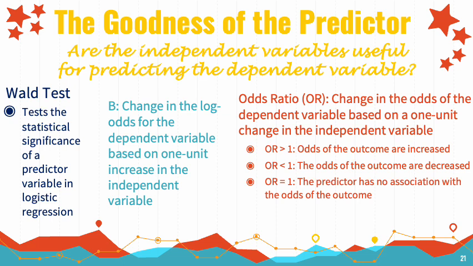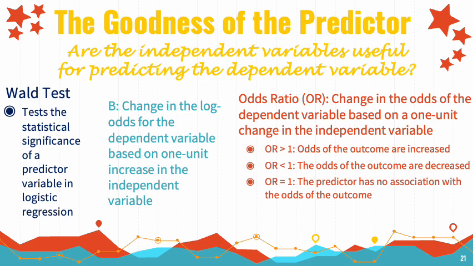B is the logistic regression coefficient that measures the change in the log odds of the outcome for each 1 unit increase in the independent variable. The odds ratio is the exponentiated beta, or e to the beta.